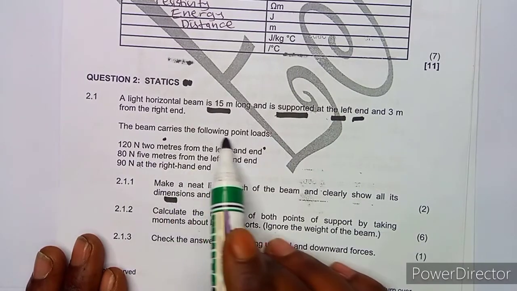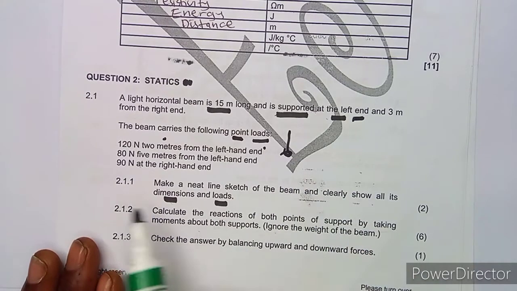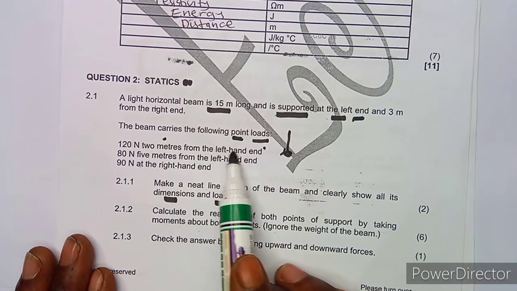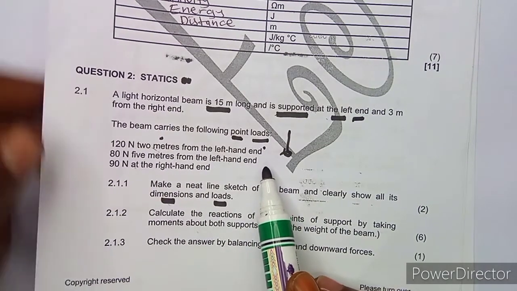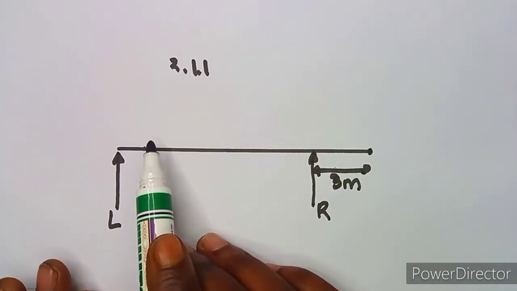The beam carries the following point loads. So these are the ones which are facing downwards. 120 newtons, 2 meters from the left end. So this one is 2 meters from the left end. Somewhere here is 2 meters.